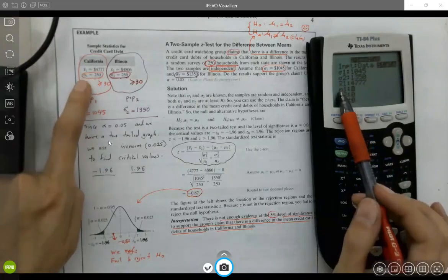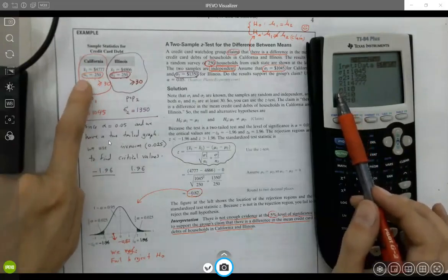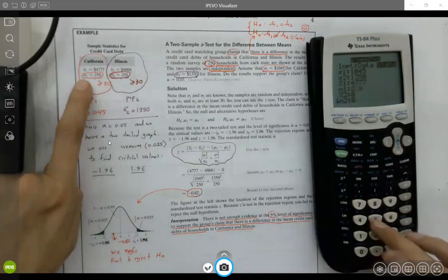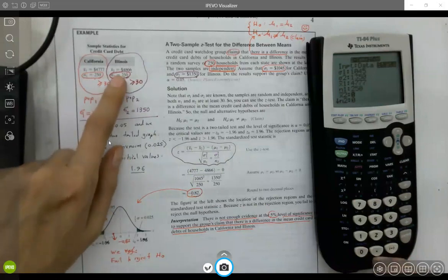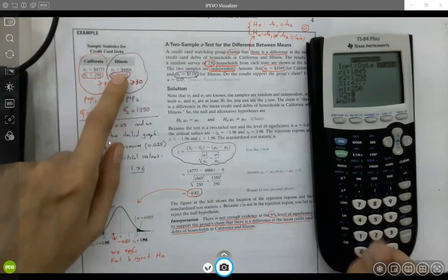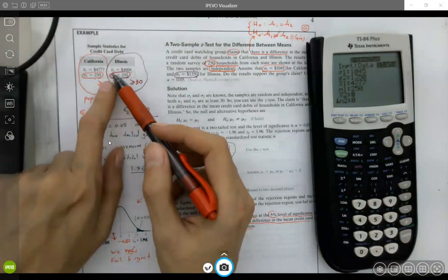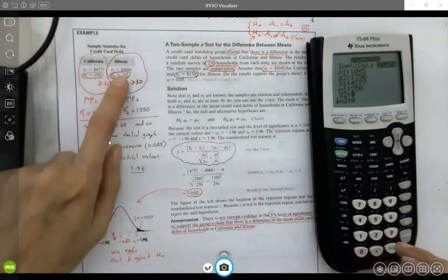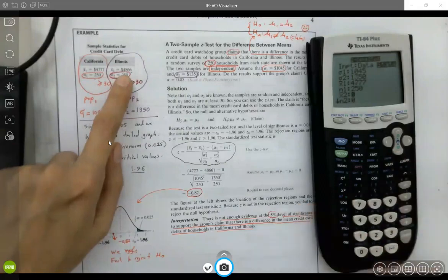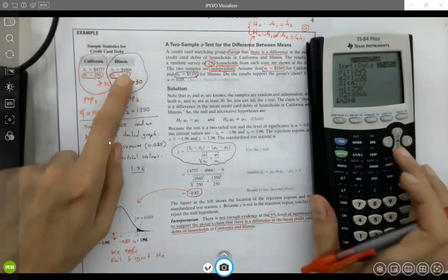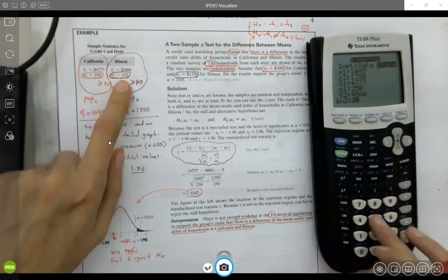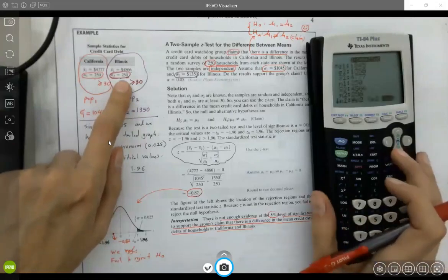What is N1? The first sample size, 250. How about the second sample mean, x bar 2, related to the second population? This is 4,866. What is N2? N2 is 250, the second sample size. Let's move on to next step.